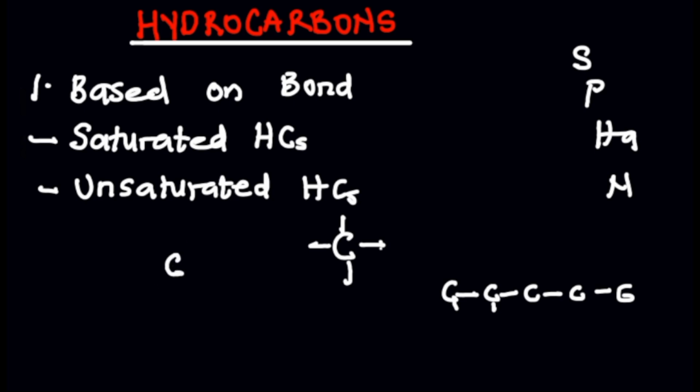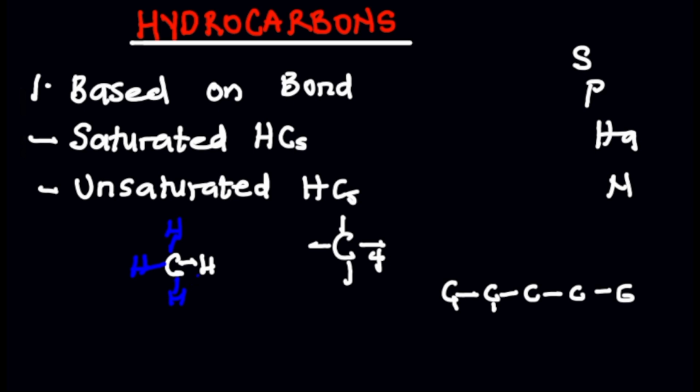Carbon can form 4 bonds. Each bond connects to a hydrogen. If you look at this carbon, all the bonds are fully occupied with hydrogen, so we refer to this kind of compound as saturated hydrocarbon.